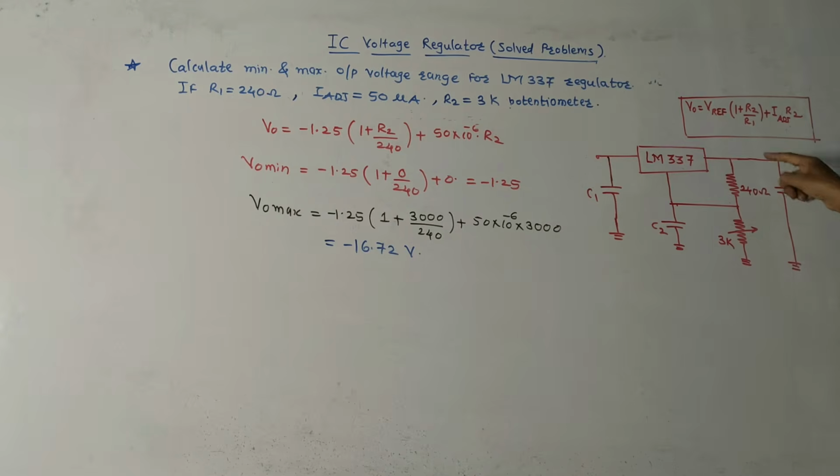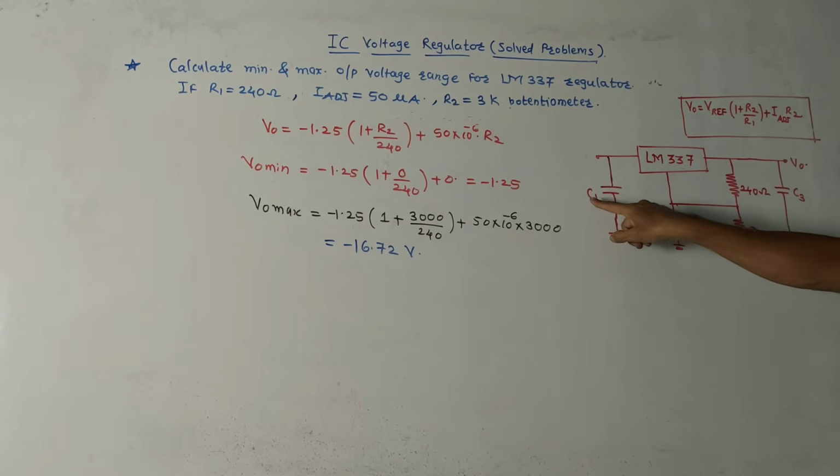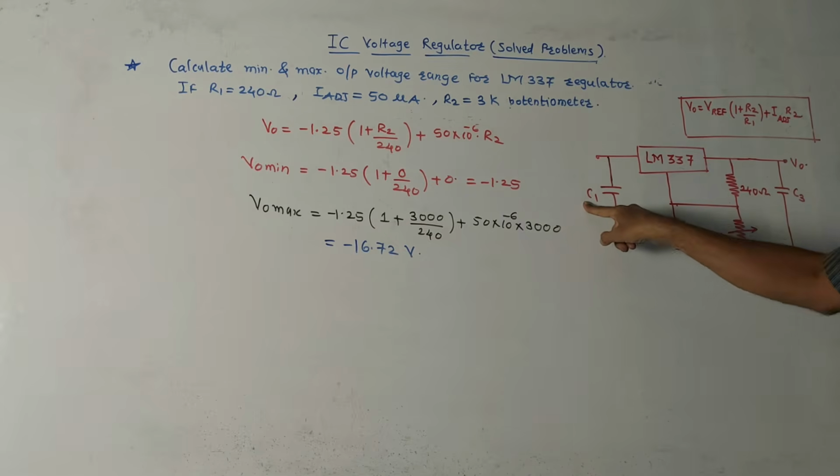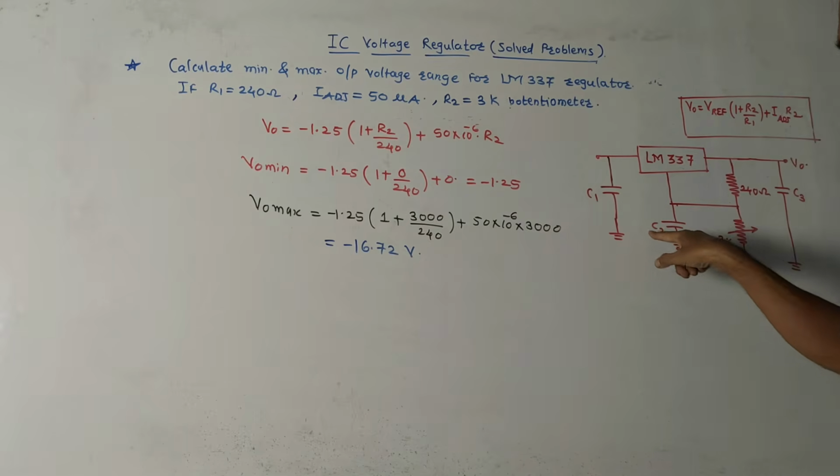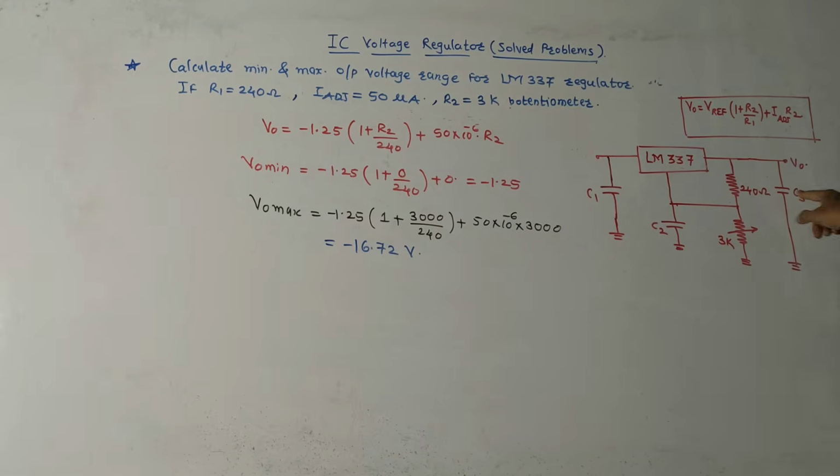This is the diagram corresponding to LM337, which is a negative voltage regulator. The typical values we have already discussed. C1 is 0.1 microfarad, C2 10 microfarad, C3 again 10 microfarad. This is R2 whose value is 3 kilo ohm, given in the question. R1 is 240 ohm, also given in the question.